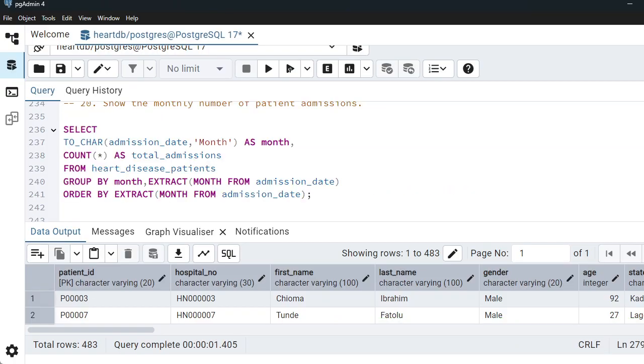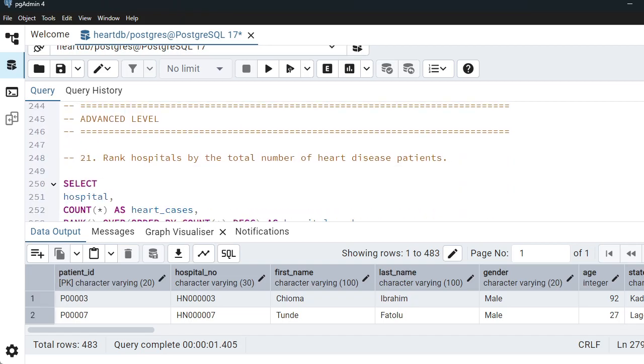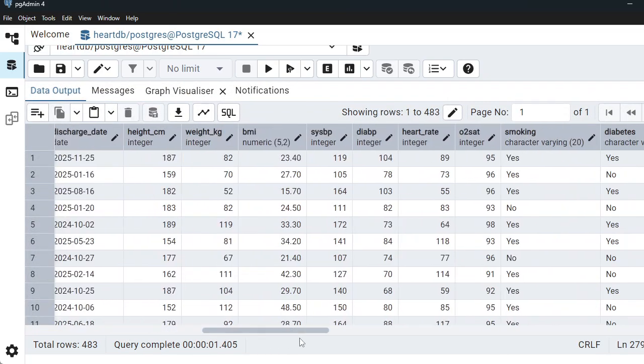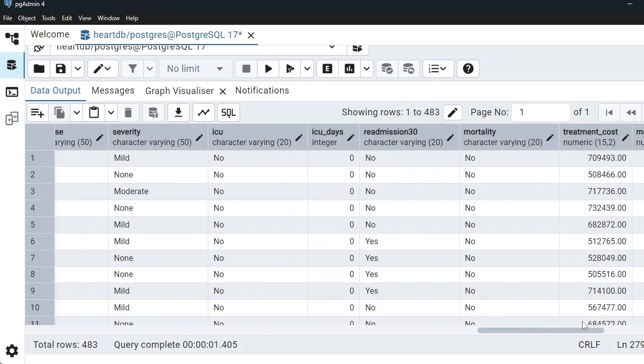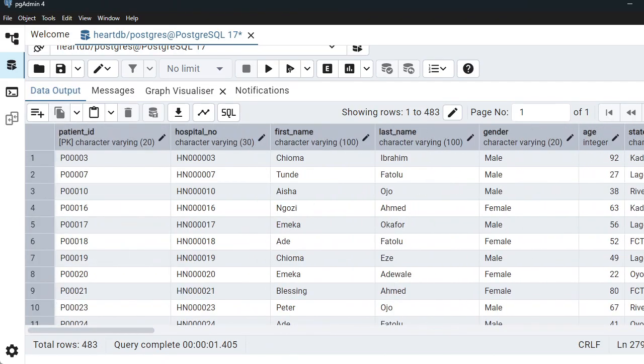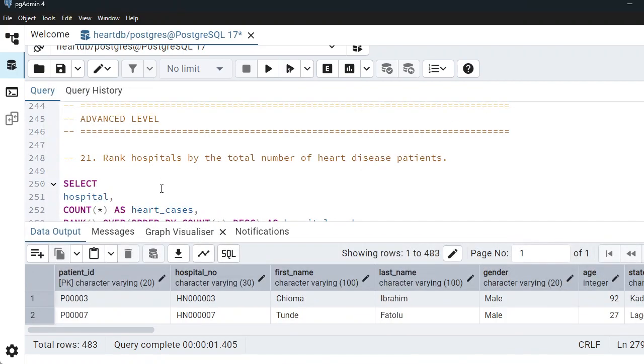It also shows the gender, so you can see all the total patients here. We have all the information, and we also have all their totals. So we have calculated the total for us.